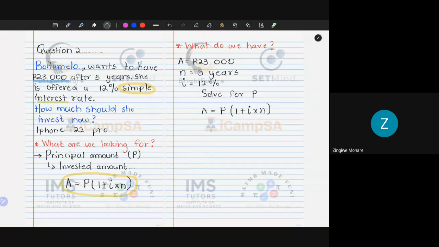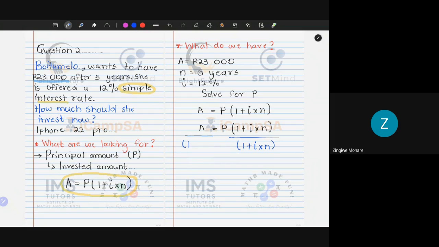And we can see the problem is that bracket. What should we do with that bracket? Because we want P only. Whenever you don't want something, you divide by it, isn't it, guys? So we'll divide by 1 plus I times N, because we only want the P to be left by itself.